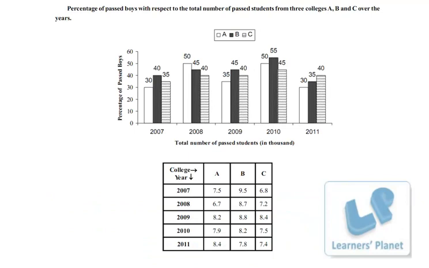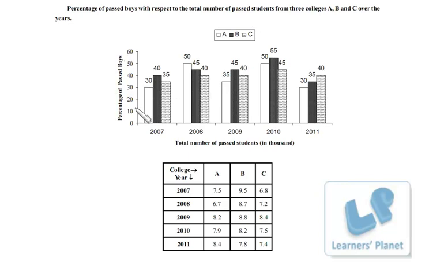Now see this set of questions. Percentage of passed boys with respect to total number of passed students from 3 colleges A, B, C over the years 2007 to 2011. Okay, so these are 30%, 40%, 35%. Total number of passed students, and this is passed boys.